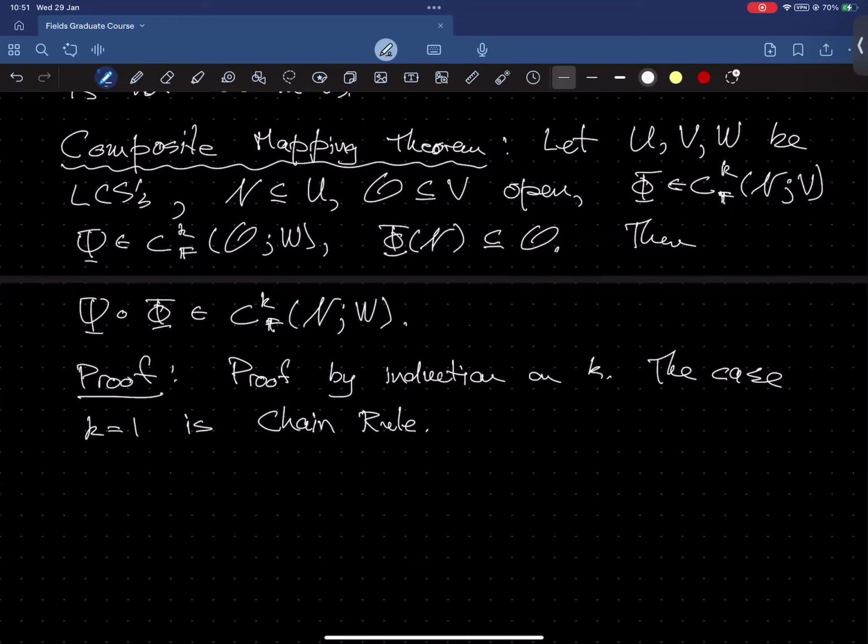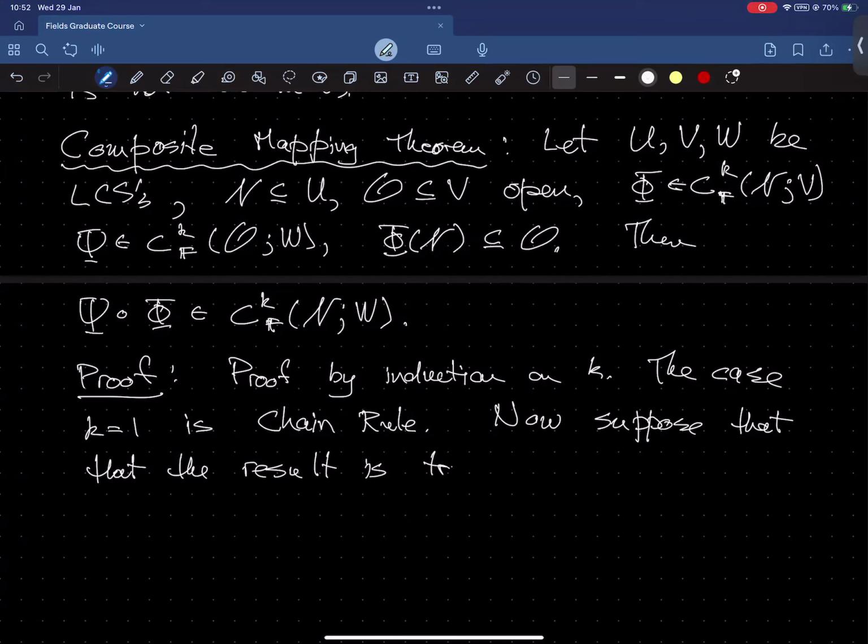All right, so now suppose that the result is true for K equals M. Okay, and so that means that if I have two mappings of class CM, and I compose them, I get a mapping of class CM. All right, so that's the induction hypothesis.